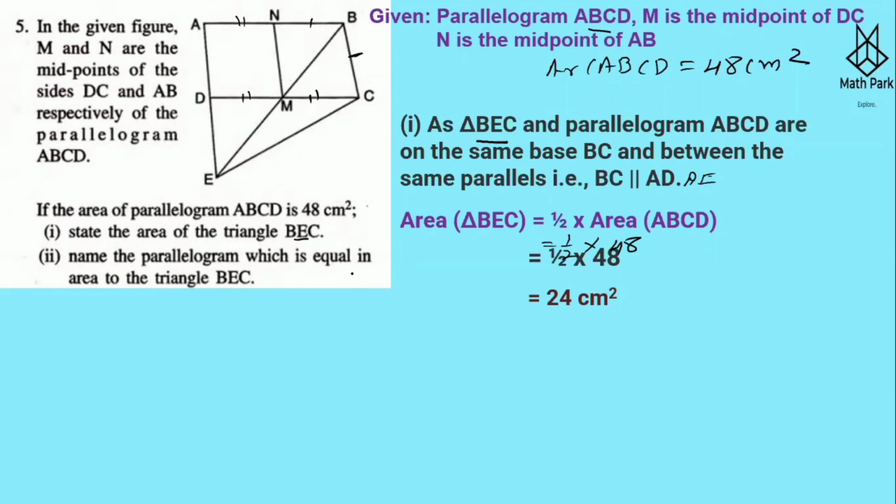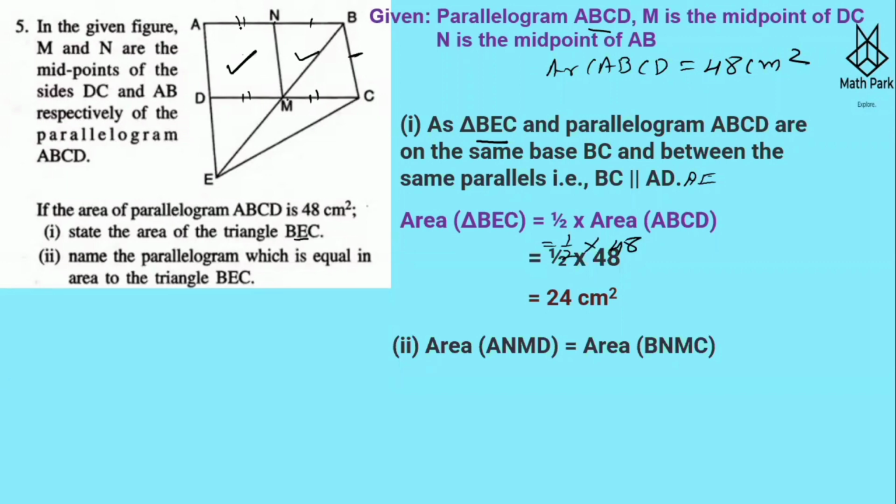Name the parallelogram which is equal in area to triangle BEC. The area of ANMD is equal to the area of BNMC. Why? Because N is the midpoint and M is the midpoint, so by the equal intercept theorem, these two parallelograms will have equal area.